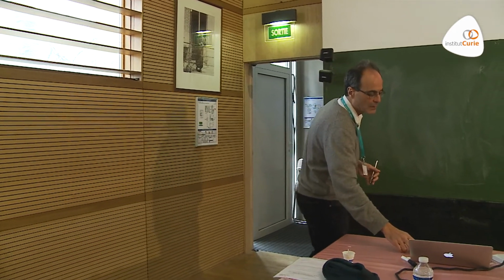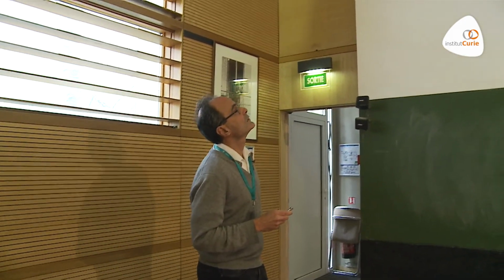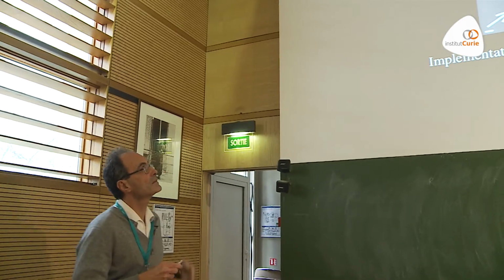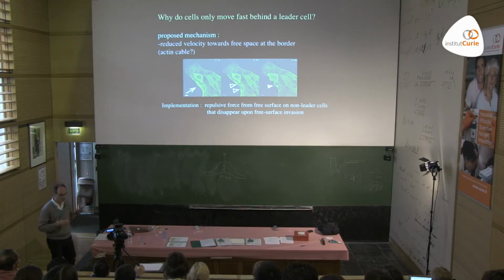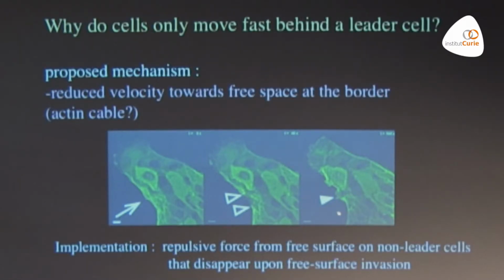And the second one is that if you want to have these leaders, these fingers, elsewhere, when you don't have a leader cell, the cells should have some difficulty in invading the free surface. So those are the 2 ingredients we found necessary.